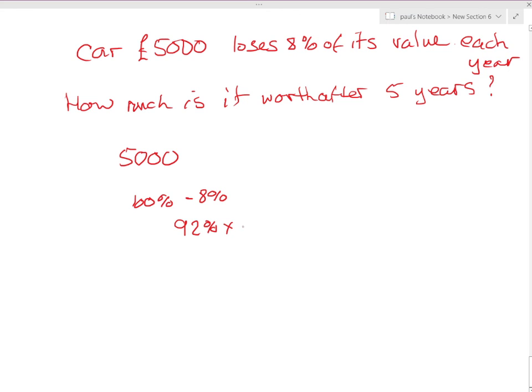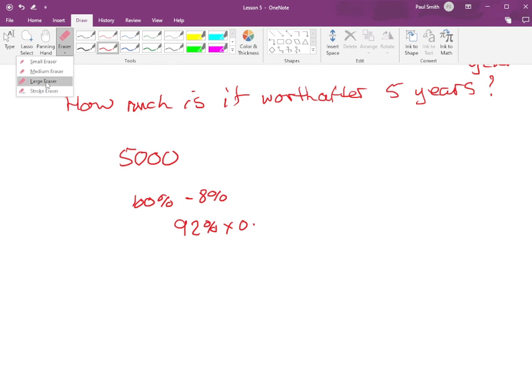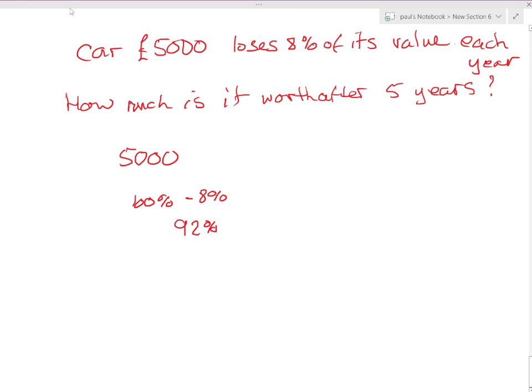Change that to a decimal by dividing by 100, which gives us 0.92. So we need to multiply by 0.92 because it's getting smaller each year. And we're going to do it to the power of 5 because it's 5 years.